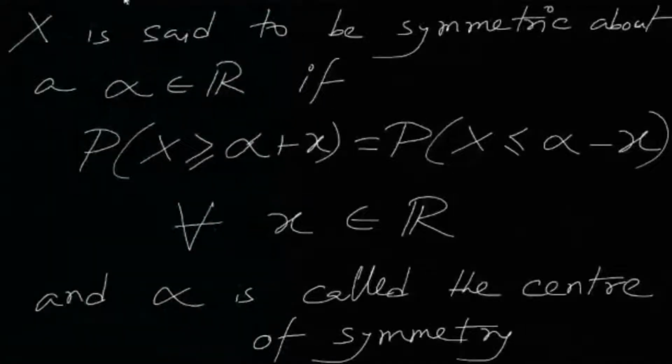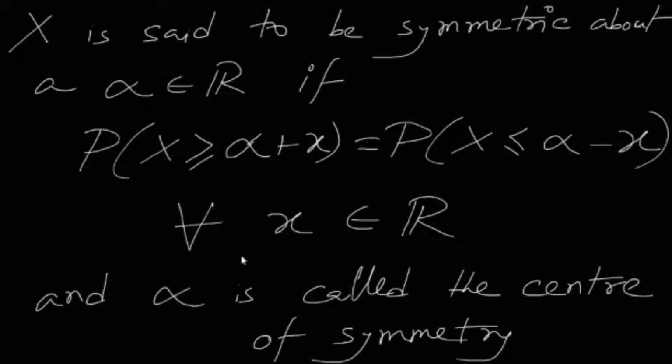Now, we are asked to find out the expectation of x and the median of x among these four options, right? So first of all, you have to understand the concept of the following. A random variable x is said to be symmetric about a real number alpha if probability x greater than equals alpha plus x is equals to probability x less than equals alpha minus x for all real numbers x.